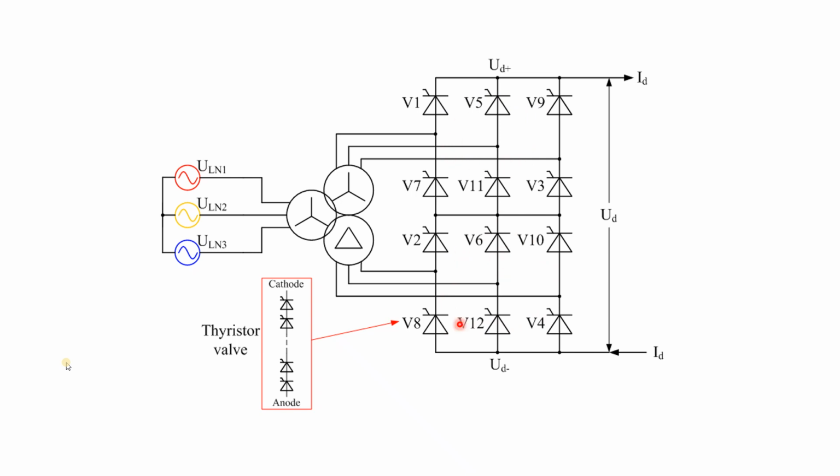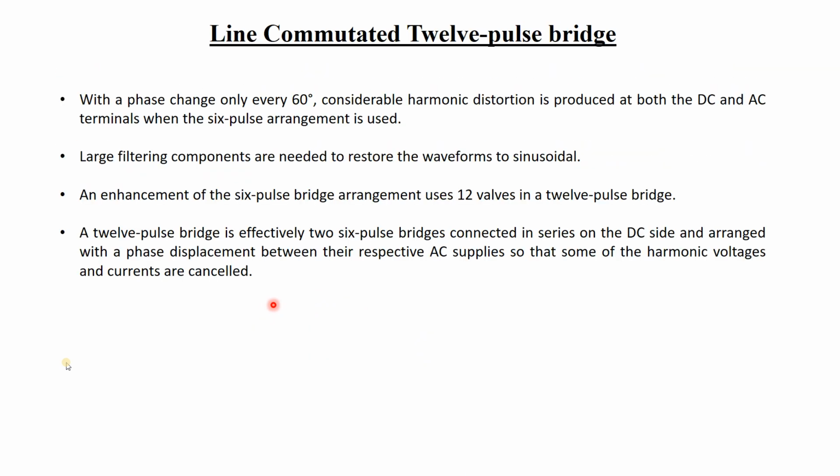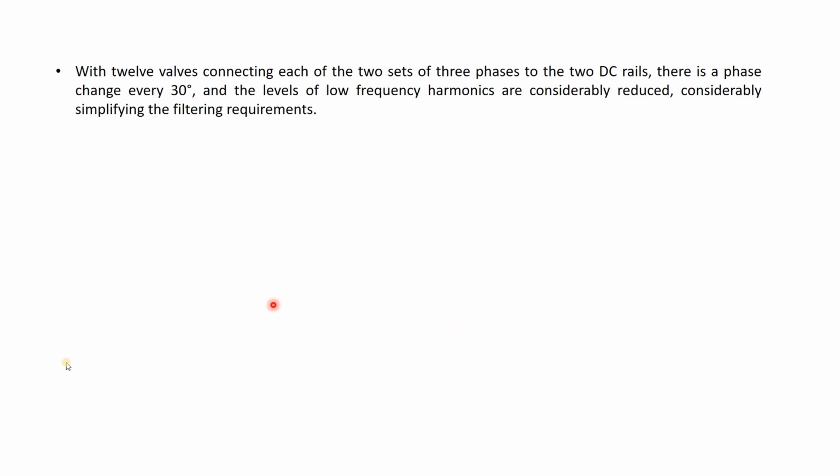One is star connected and the other one is delta connected. The upper one is star connected, this one is delta connected. So two 6 pulses are connected in series, so there are 12 valves. Each valve has a set of thyristors; each valve does not mean only one thyristor.